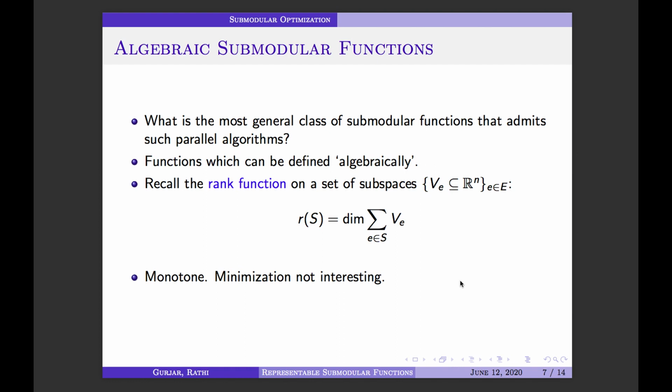So, how can you define submodular functions which are algebraic but not necessarily monotone? One can try taking two rank functions and considering their difference, but that function need not be submodular. So what else can you do?